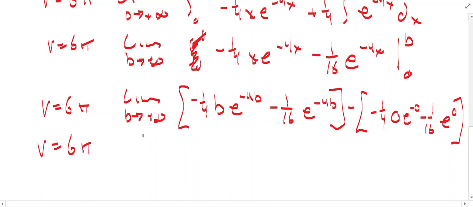So the volume is 6 pi. And let's clean this up a little bit. The limit as b approaches positive infinity.